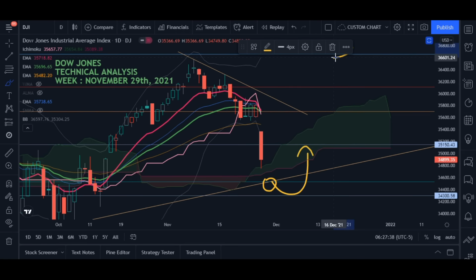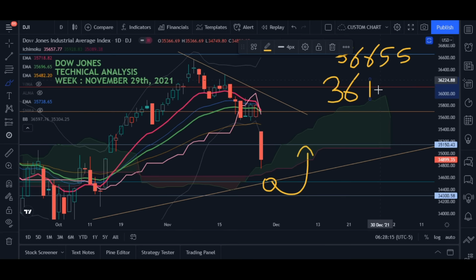But the market is not expected to move up to this point in the coming week, because in that case it has to cover almost 1600 to 1700 points, and that is impossible to gain within a week. So not this one, but this may act as a strong and critical resistance for the market at 36,110.